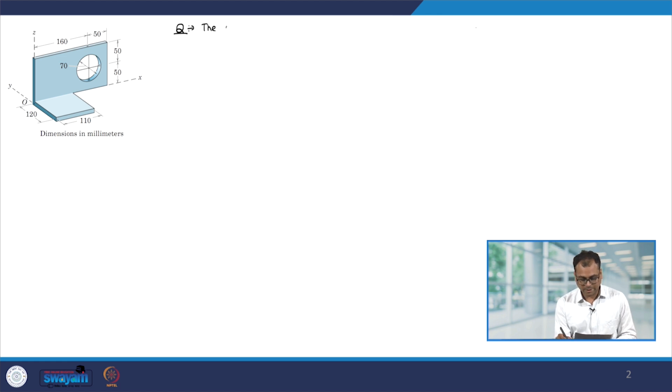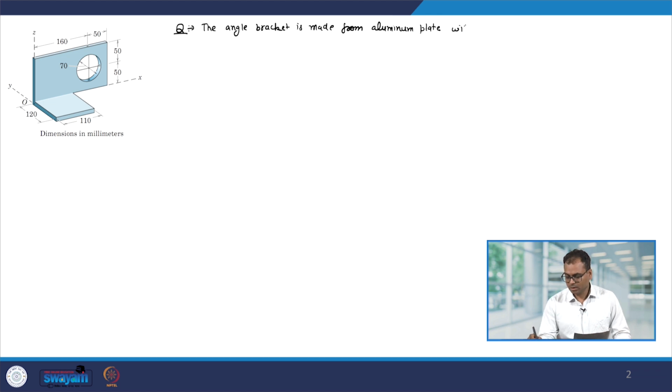The angle bracket is made from aluminum plate with a mass of 13.45 kg per square meter.